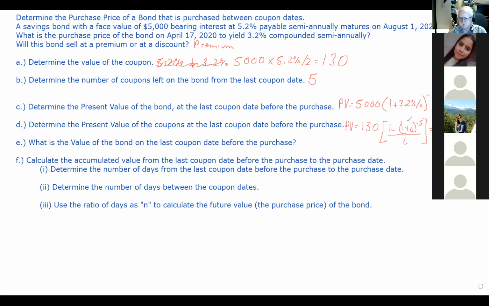So I stored it. So recall 1, plus 1, y to the x, 5, negative, and then make that negative, plus 1 and divide that by i and multiply that by 130. And I'm getting 619.93.